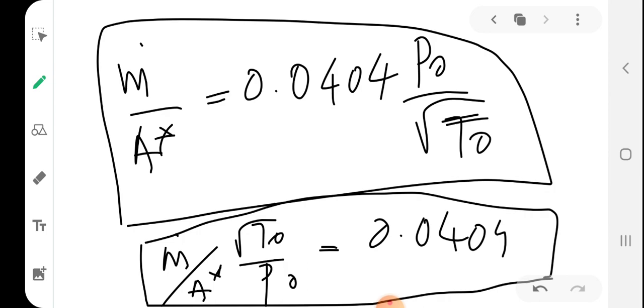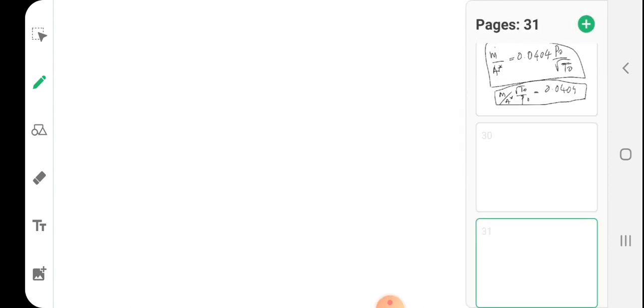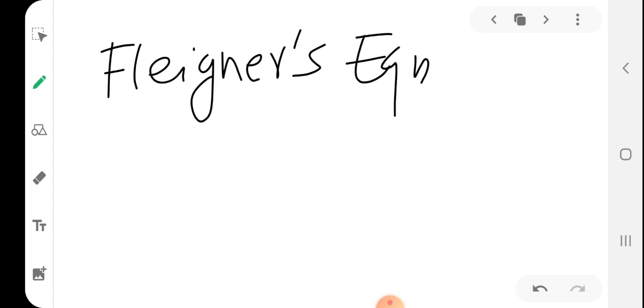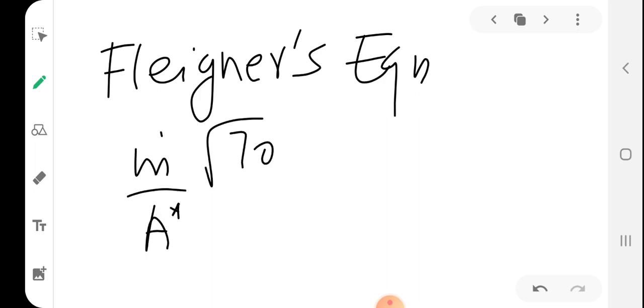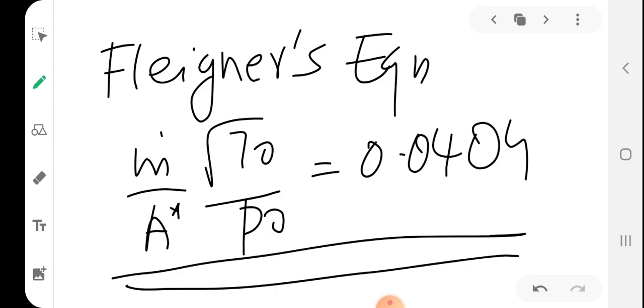This result, which is derived from the theoretical equations, is known as Fliegner's equation. What is Fliegner's equation? M dot by A star into root T0 by P0 equal to 0.0404. So this equation is known as Fliegner's equation.